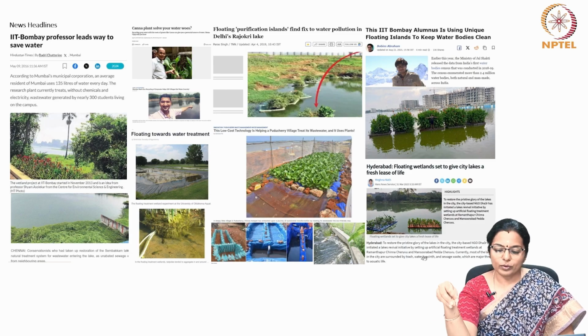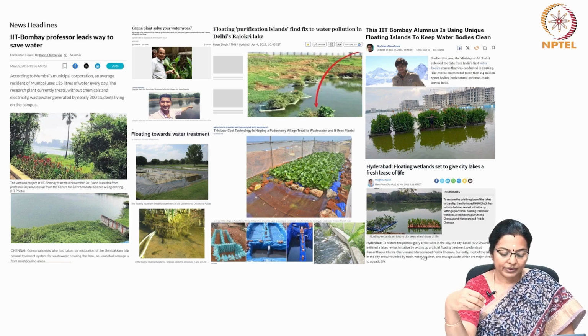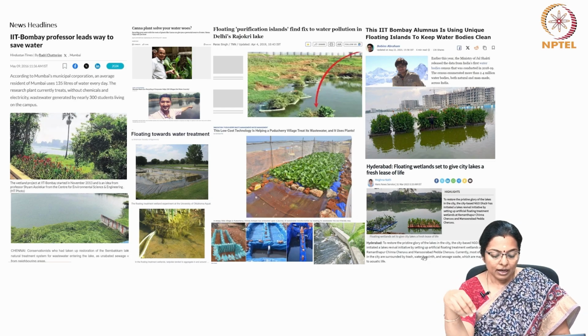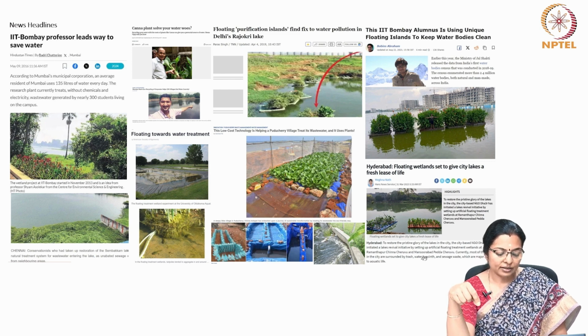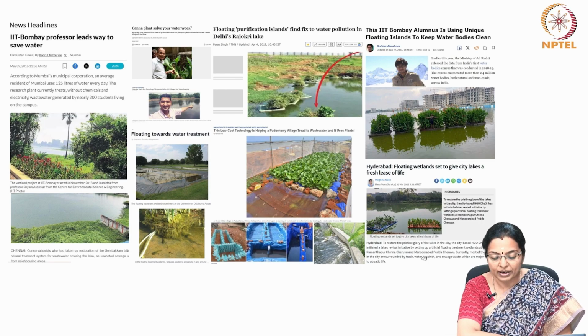Let us quickly look at a few cases where root zone treatment has been used. The wetland project at IIT Madras started in 2013. In Chennai, there is conservation of the Sembakam lake after restoring it, and therefore a natural treatment system for wastewater entering the lake, from the unabated sewage from neighboring areas, the system has been used.